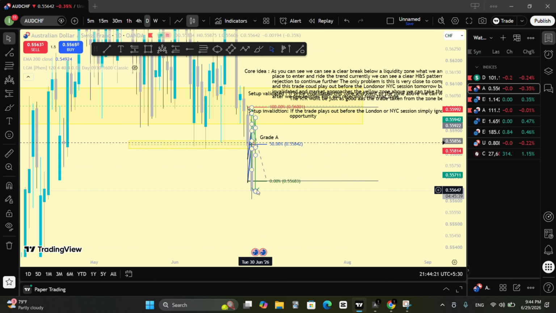So now it's in the oversold area. If this candlestick rejects from this area, we could take a trade to this yellow area or so, but the thing is we would be out of session by that time, so it's not worth risking on that trade.